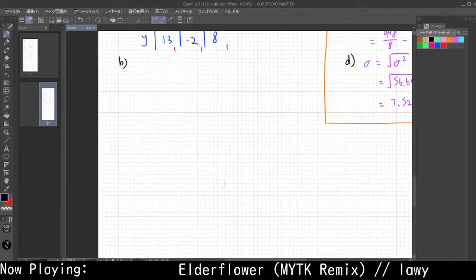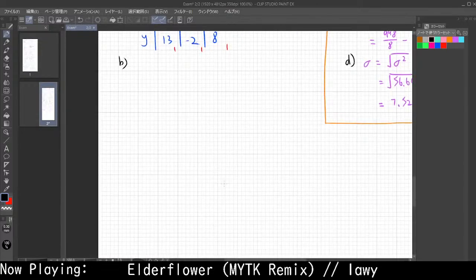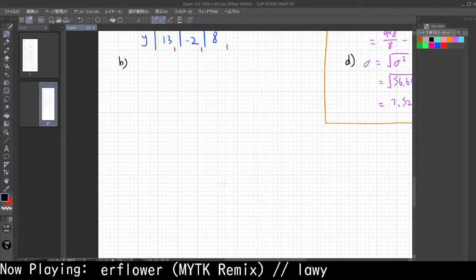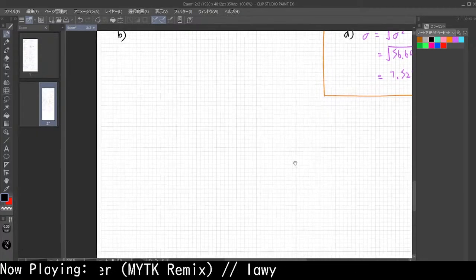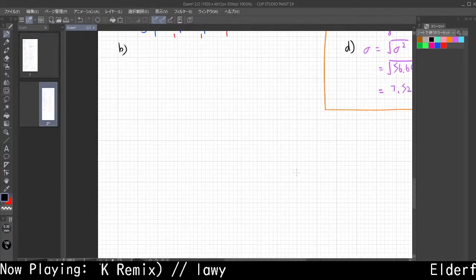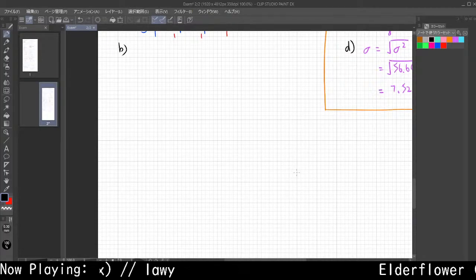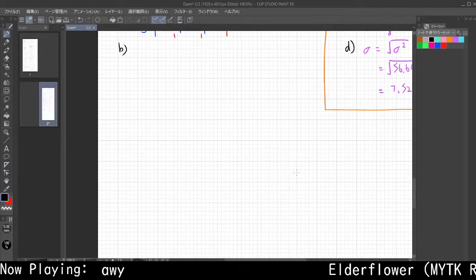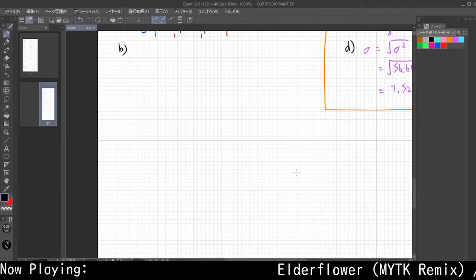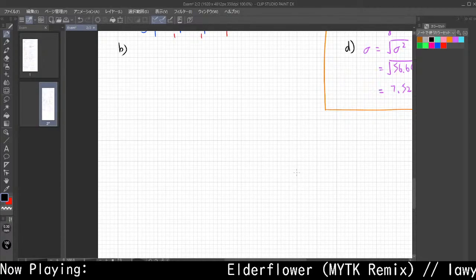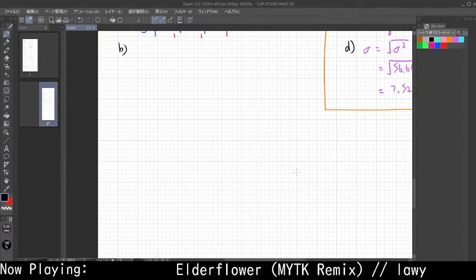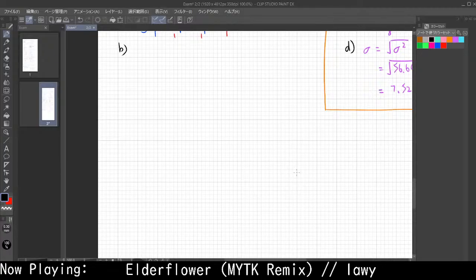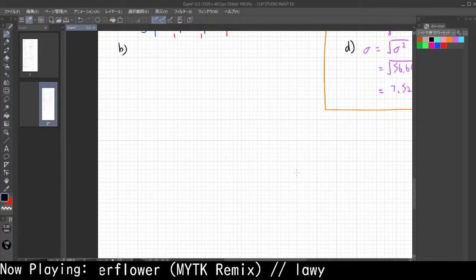So 2 cm to 1 unit on the x means from -3 to 4. Wait, let me determine my y first. My smallest number is -3, my largest number is 37. So I would need 1 box at the bottom and 8 boxes at the top, because 5 times 8 is 40.